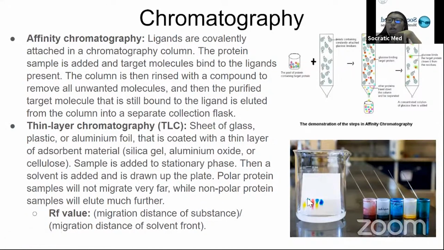So it's a measure to see how much each of these different substances migrates over the total amount of solvent, so we can see which proteins migrate farther than the other ones to determine more about their polarity and other properties.